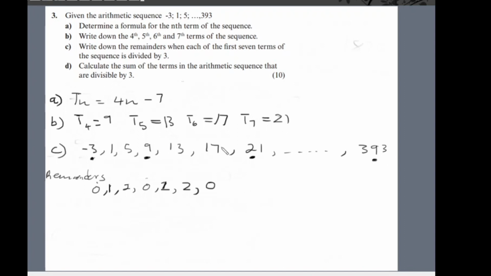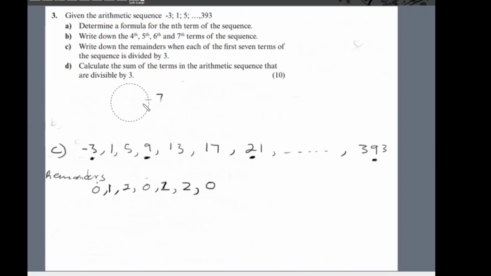So this is the original sequence. From that original sequence, they want the sum of the terms that are divisible by 3. So from the original sequence, extract those terms which are divisible by 3, and you will see that they form a sequence on their own, right?